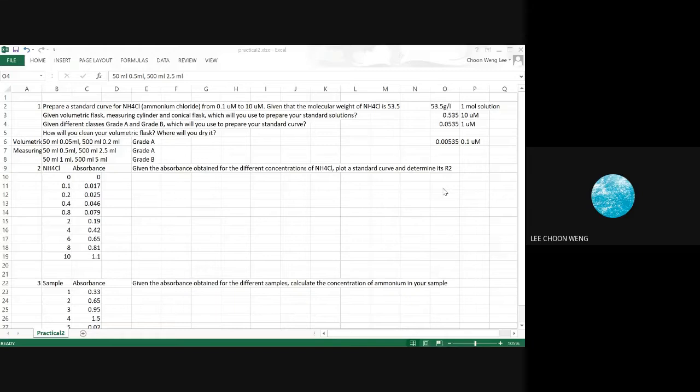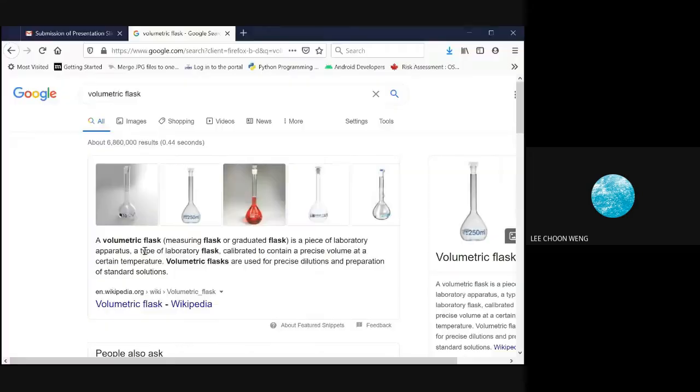Anyone? Are all the three containers the same, or do you think you should use only a specific kind to prepare the standard curve?